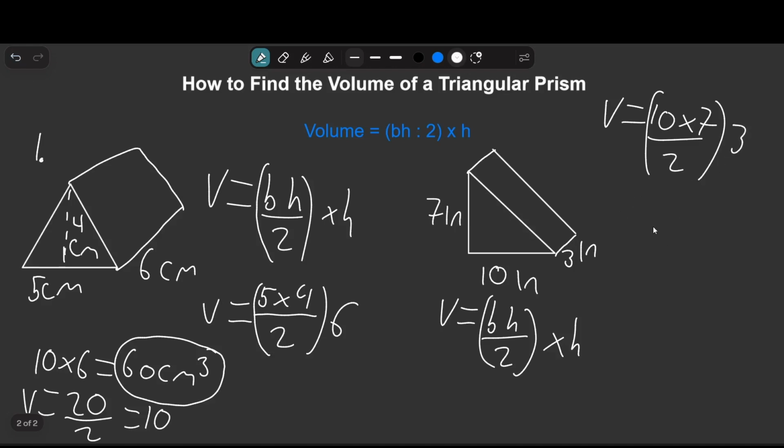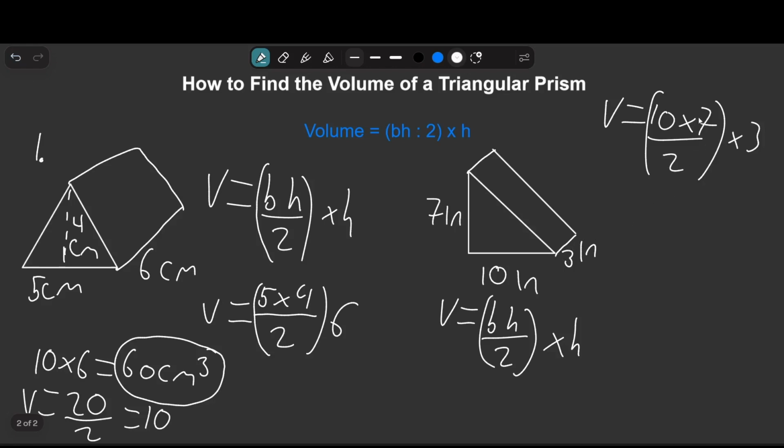You don't have to put the times sign here or the multiplication sign, but I will just do it to make it a bit easier for you guys. So times 3, because that's the length between the two bases, or the height between the two bases. It's very important to understand that part.